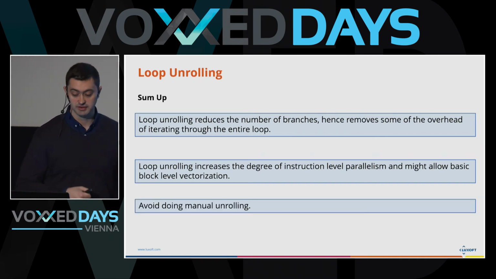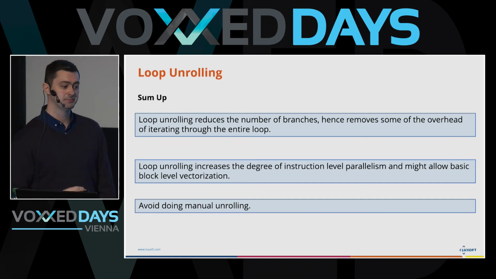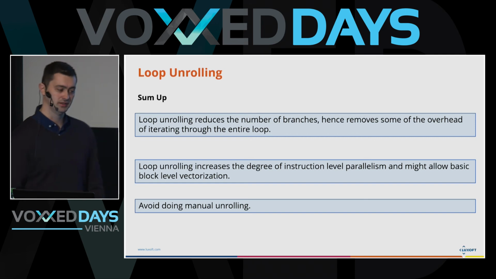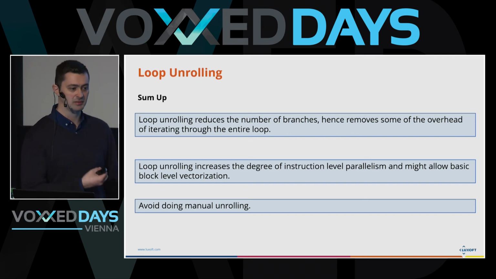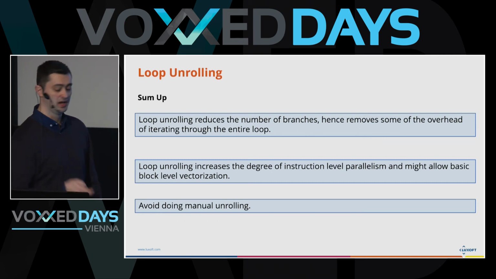And as we discussed, avoid manual loop unrolling, and let the just-in-time compiler do it by itself, because it knows better than us what's in compliance with the hardware platform, your CPU, the number of cores, the number of threads, how to do it in a better way.